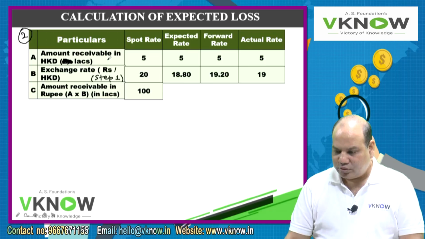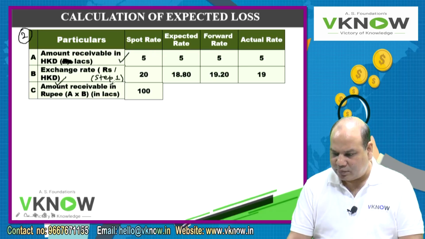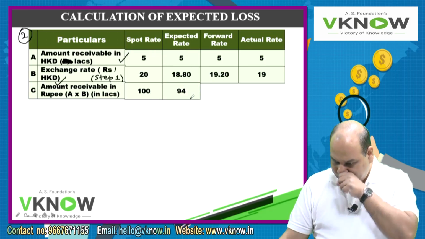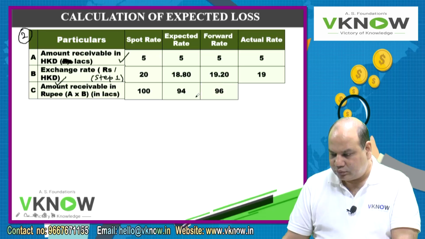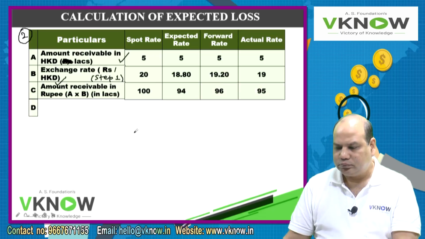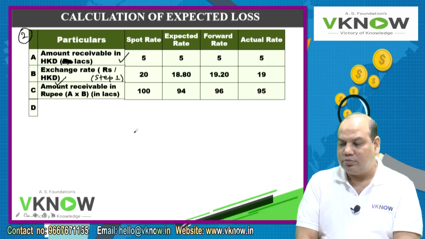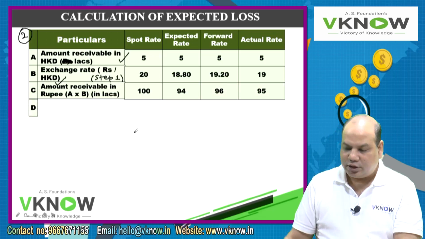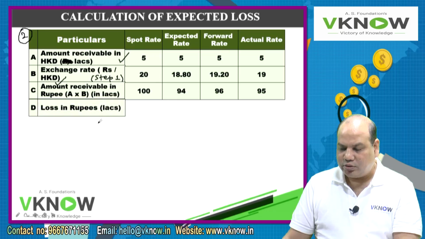Because this is in HKD, the rate is also per HKD, so multiply. This is an easy calculation: 100, 94, 96, 95. Next, loss in rupees.